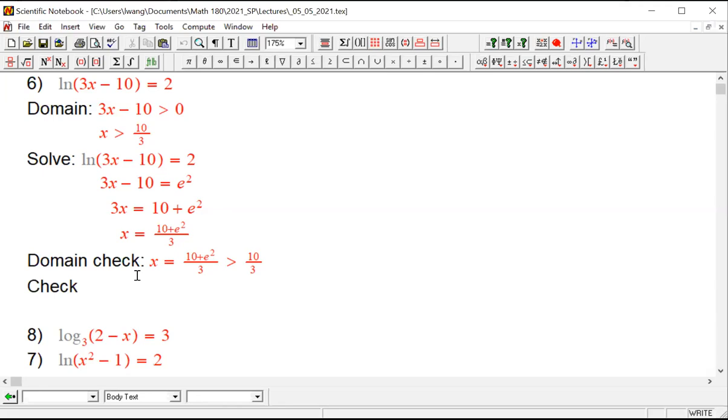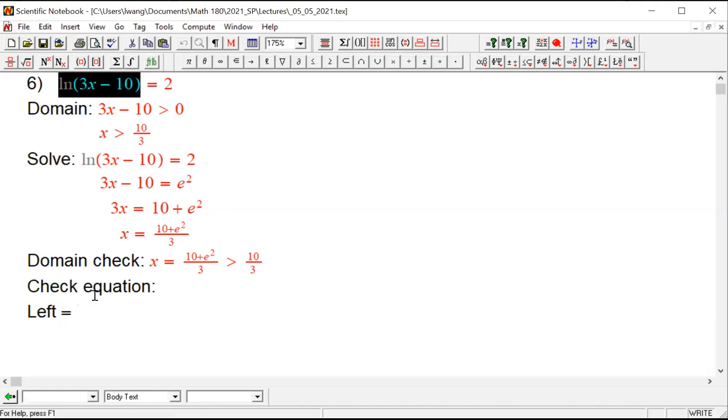Okay, so let's do the algebraic check. Check the equation: you start from one side, and you replace x by the solution we found here.